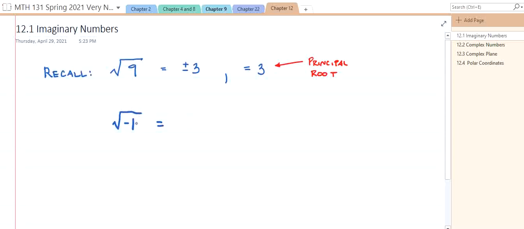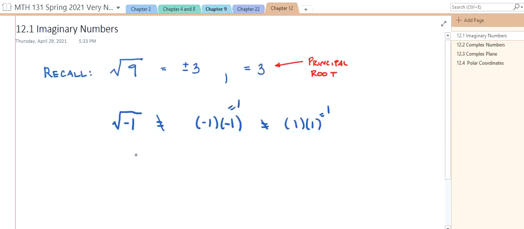Well, there are no two real numbers that you can multiply together that equal minus 1. For example, minus 1 times minus 1 equals a positive 1, and so this does not equal that. It also does not equal 1 times 1, which also equals 1.